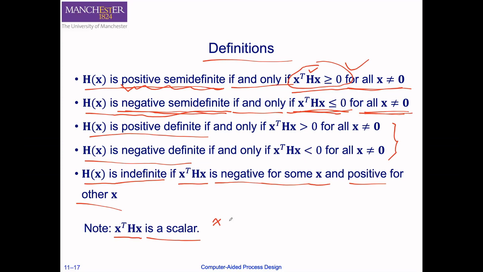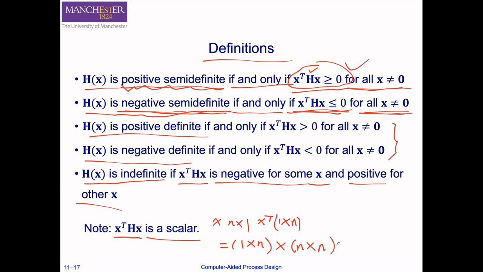If we have n variables, then the vector x is an n times 1 matrix. x transpose is a 1 times n matrix. So then x transpose times the Hessian matrix H times x is equal to a 1 times n matrix times an n times n matrix.